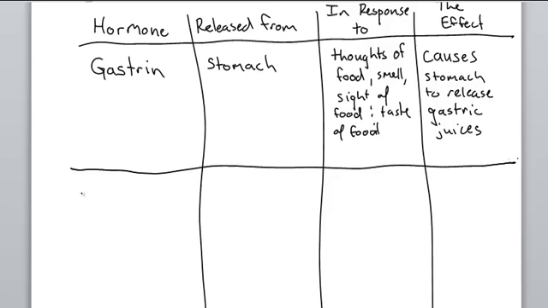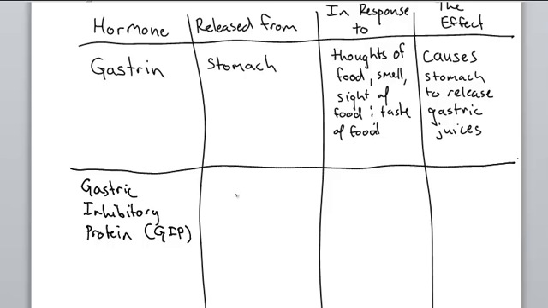In contrast, we have what's also called the gastric inhibitory protein. In short, this is called GIP, gastric inhibitory protein. And it basically does the opposite of what gastrin does.